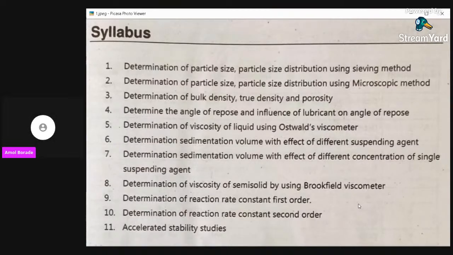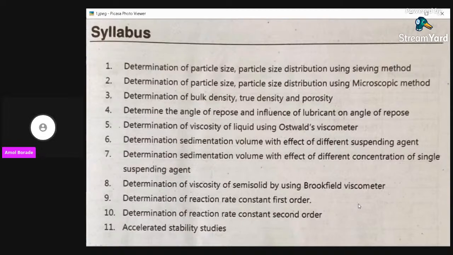As we know, the dies are circulated with the help of a turret, and at a particular station, the filling station, the die is filled by the powder or granules coming from the hopper through the channel up to the die cavity.